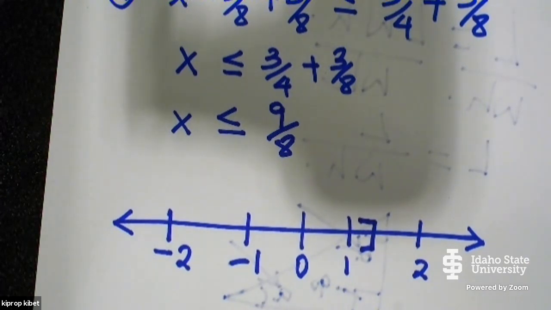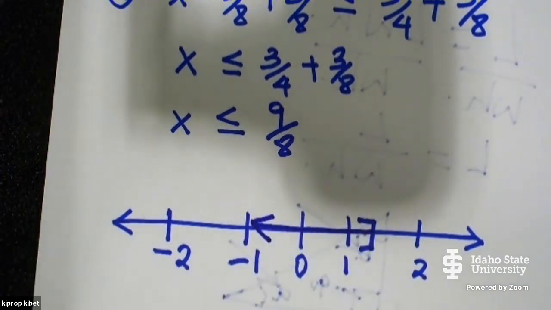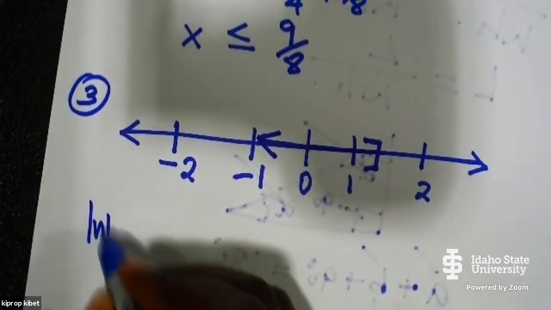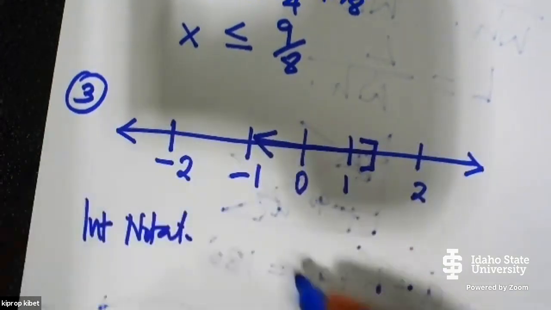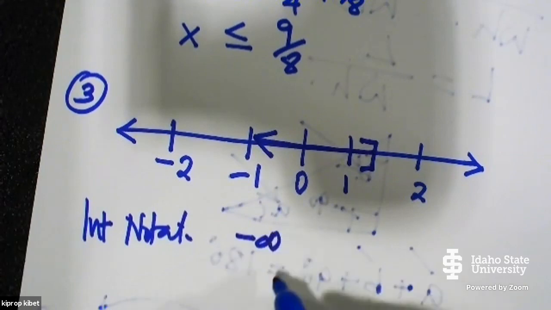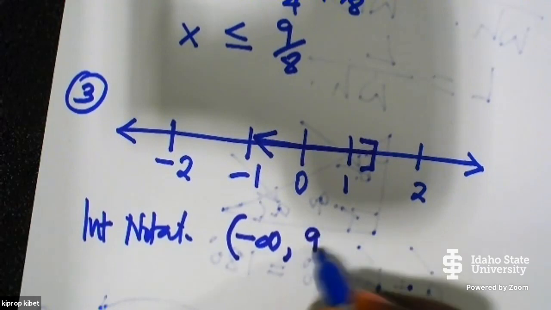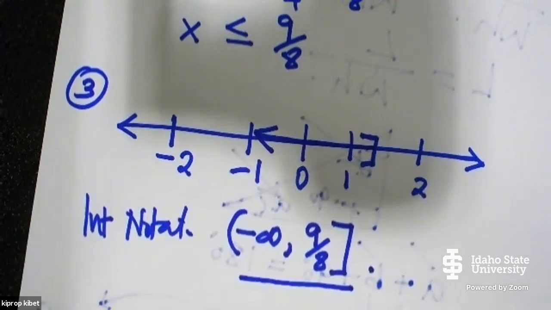To the negative direction, so it goes this way. That one is the third step. Then the interval notation will be what? Negative infinity, right? And then what? Okay, all right.